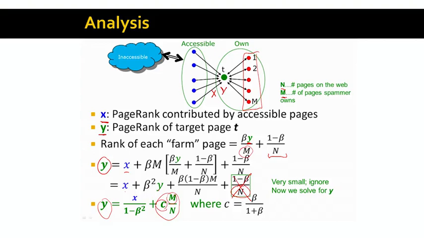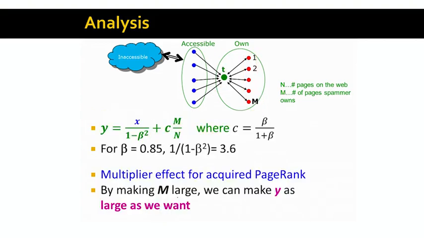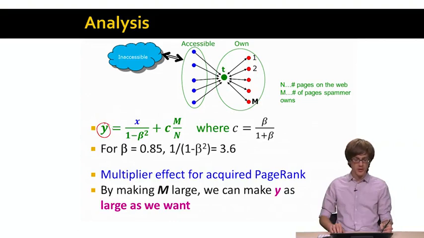Okay? m is the number of pages that the spammer owns, and n is the number of pages on the web. So what this means is that the PageRank score of our target page T equals the amount of PageRank score that comes from the accessible part of the web plus the ratio of m to n multiplied by some constant. So basically, the more web pages the web spammer owns, the bigger the m, the higher the score of the target page y will be.